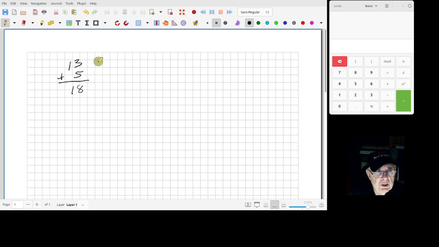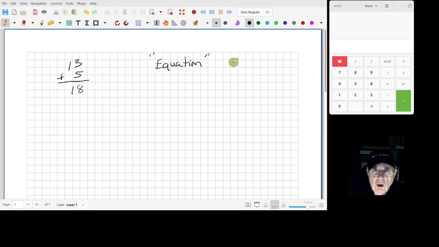Well, this gives us an intro to our first magic word in algebra, which is the word equation. So what is an equation?